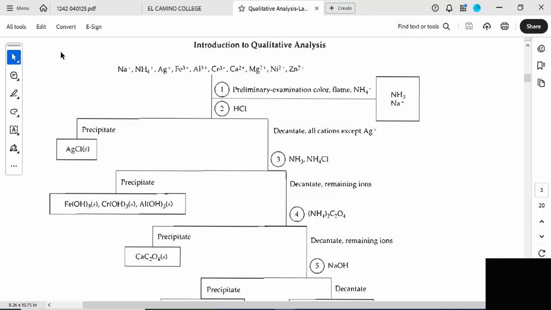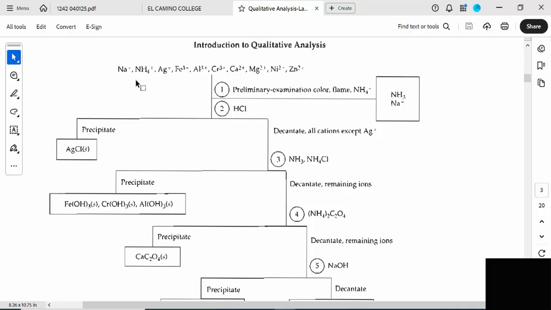So the way I'd prep this is I'd go through and look at the amounts and the concentrations, and I would just write 10 drops here. And the preliminary, number 1, I skip that, because those are separate from the flow chart. I want to jump into the flow chart, which is number 2 here.